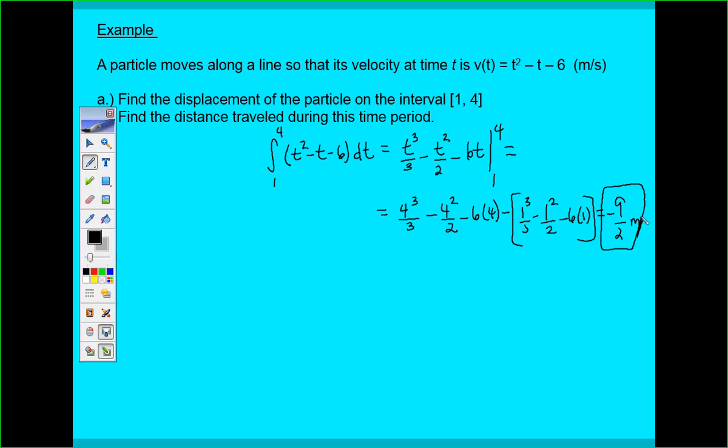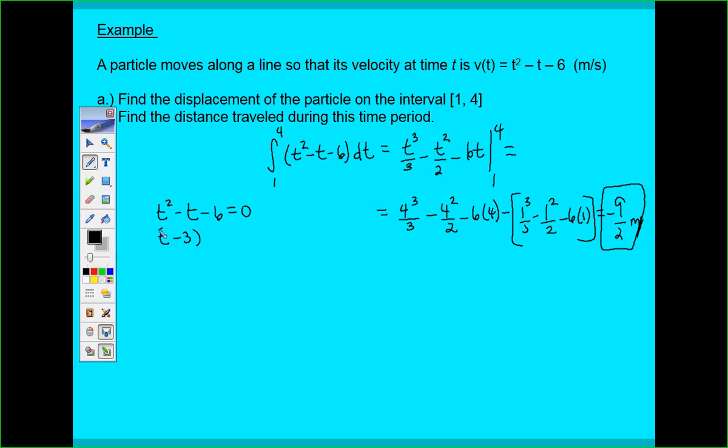To find the total distance traveled, we need to determine if the particle changed directions on the interval 1 to 4. So let's determine. We know that if the particle changed direction, it has to equal 0 first, and then it can change directions. So let's see if there's a time between 1 and 4 that the velocity equals 0.